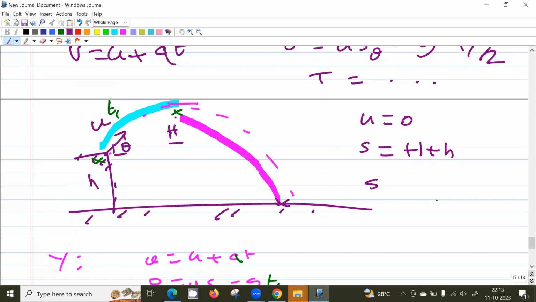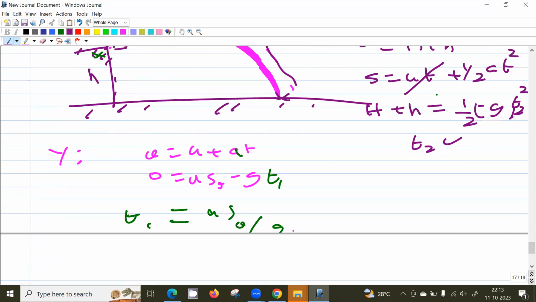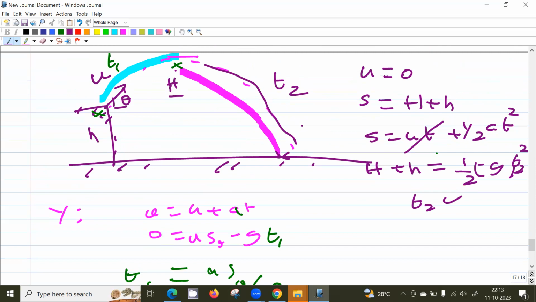So if I use s equal to ut plus half at square, and the time to go from here to here be t2, so s will be h plus h, and u is 0, so this term will go, and half acceleration is minus g, and then t is t2 square. So this will give me t2. And I found t1 previously from here. So the total time of flight is t1 plus t2.